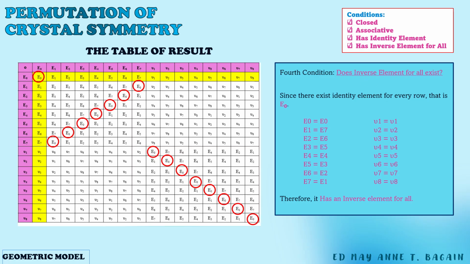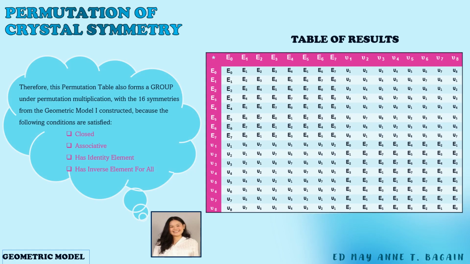Therefore, we know that this permutation table also forms a group under permutation multiplication with 16 symmetries from the geometric model entitled crystal symmetry, as we can see here, because the following conditions are satisfied. It is closed, because all of the elements are within the set that we have given.